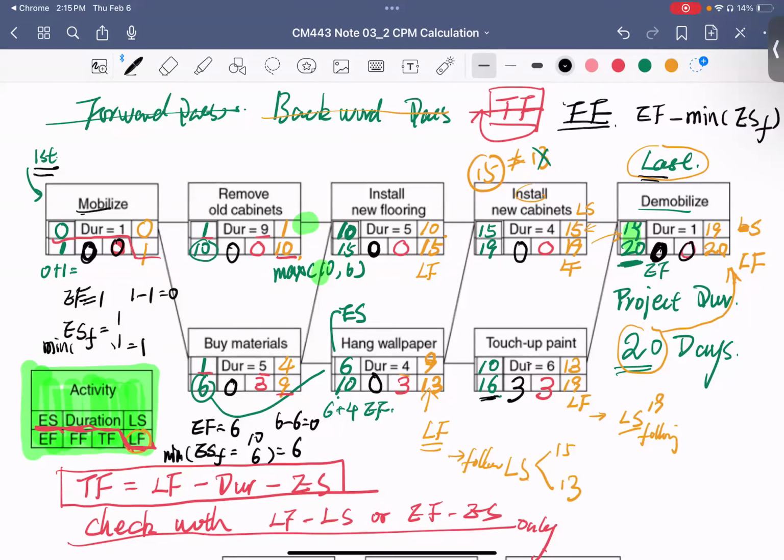Here is wrong. I'm sorry. You are using the minimum of its following early start time. This equation is wrong. So this is equal to the minimum of your following early start time minus its own early finish time.